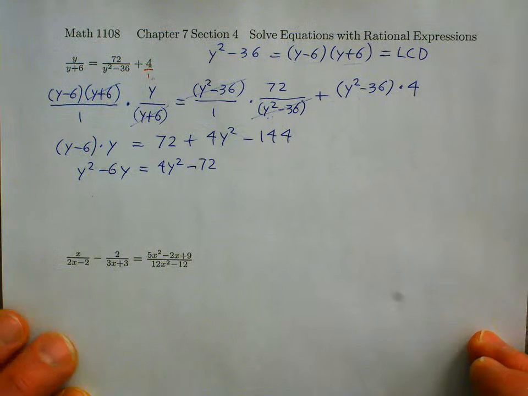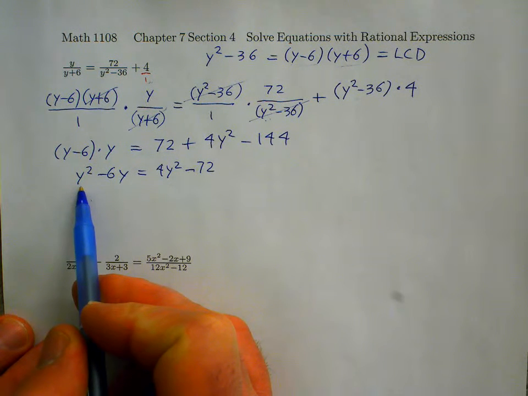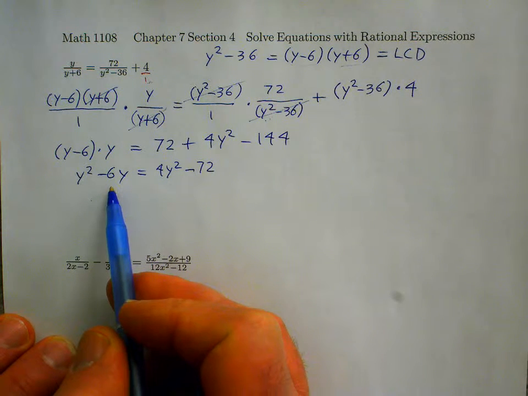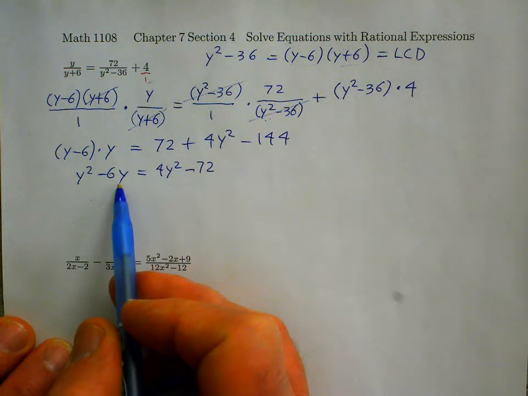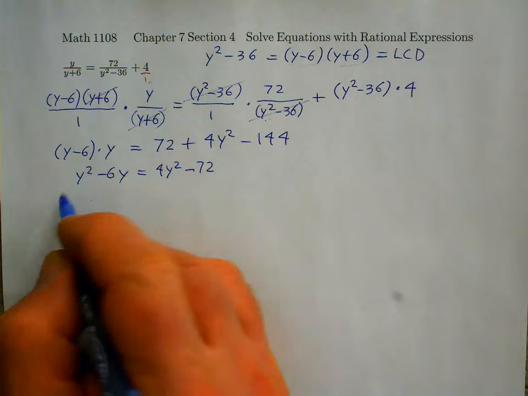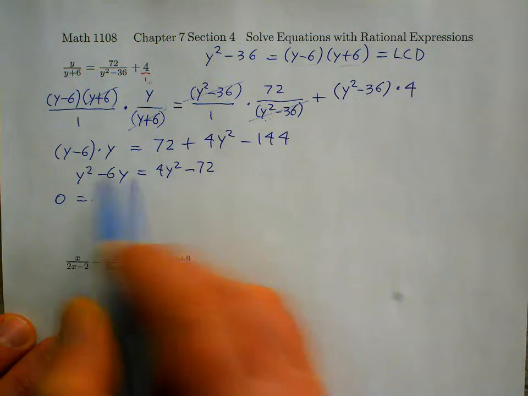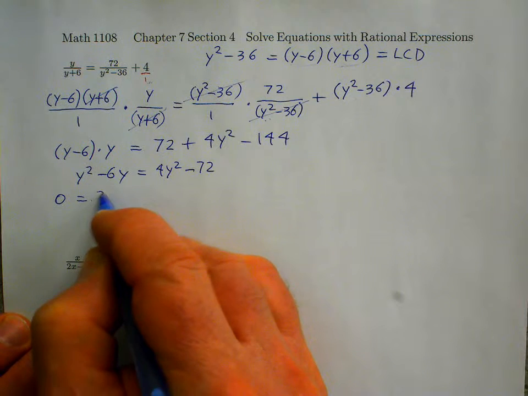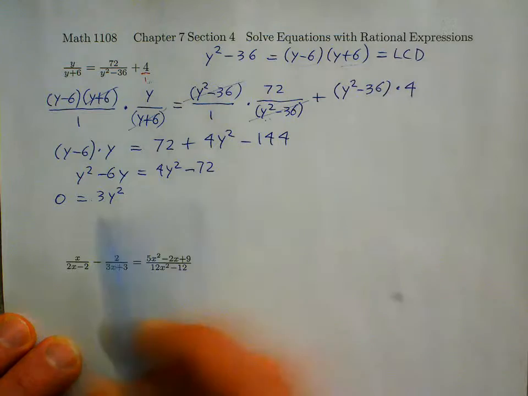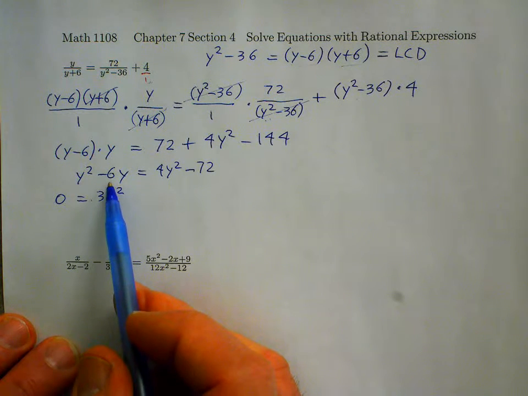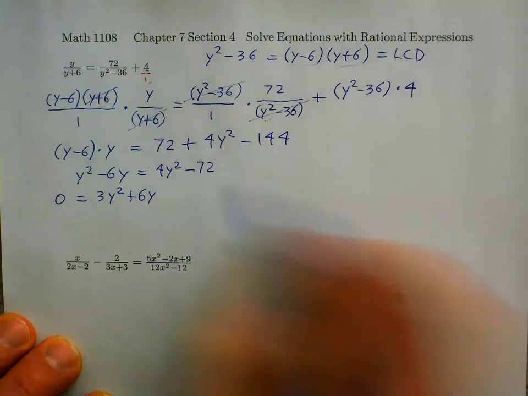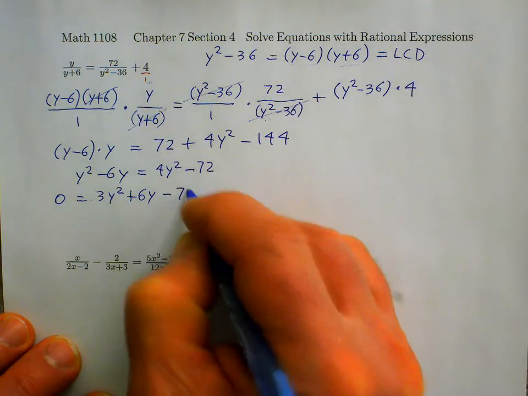So if we make the left-hand side 0, we will have to subtract y squared from both sides and add 6y to both sides. So we'll do that. We're going to subtract y squared from both sides. So the right-hand side becomes 3y to the second. We're going to add 6y, so we get plus 6y. And we already have a minus 72.